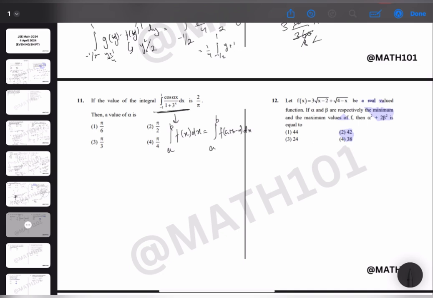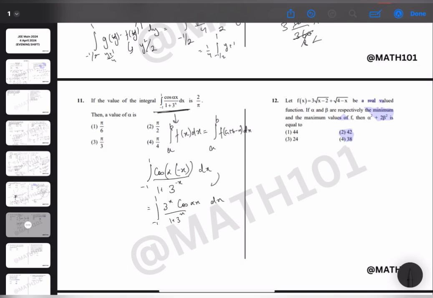Here a plus b is equal to 0, so it simply becomes integral minus 1 to 1 cos alpha times minus x, dx upon 1 plus 3 to the power of minus x, which is equals to integral minus 1 to 1 of 3 to the power of x upon 1 plus 3 to the power of x into cos alpha x.